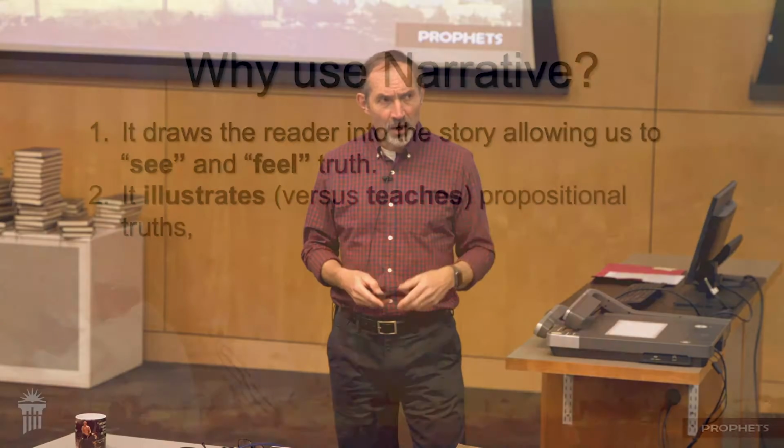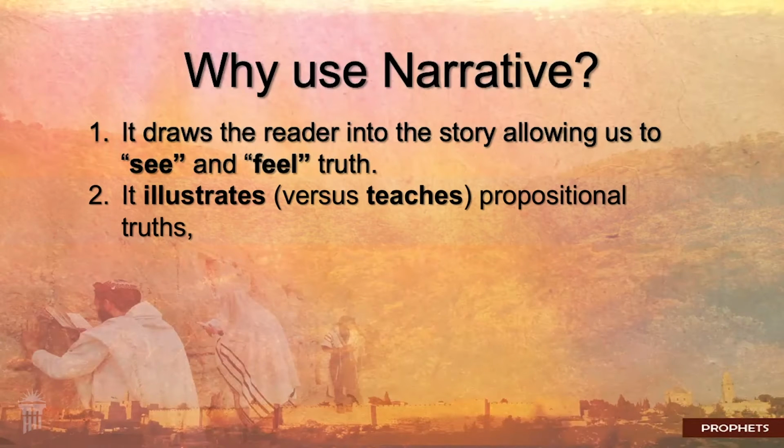Number two, and this is really important, not only in what it affirms, but in what it doesn't affirm, and that's this: that narrative and stories are meant primarily to illustrate, not teach, propositional truths. Did you catch that? The stories are not so much teaching instruments as they are illustrative instruments.